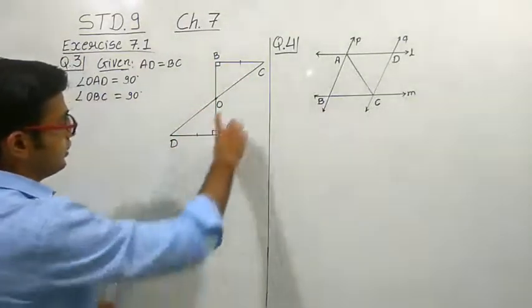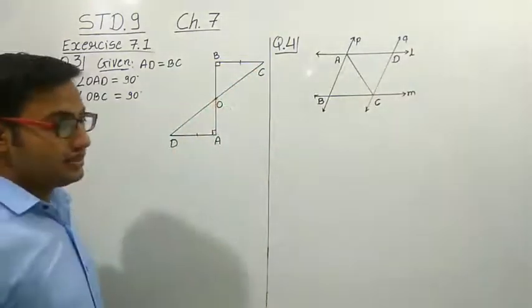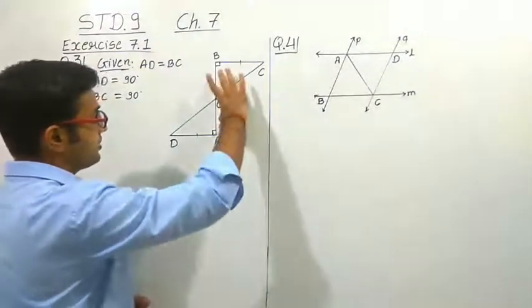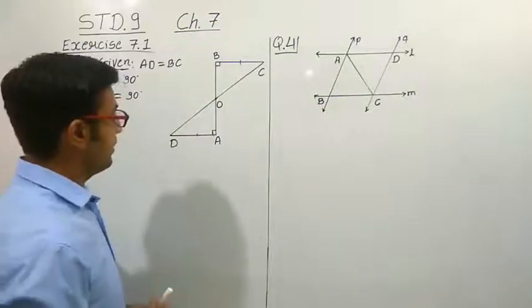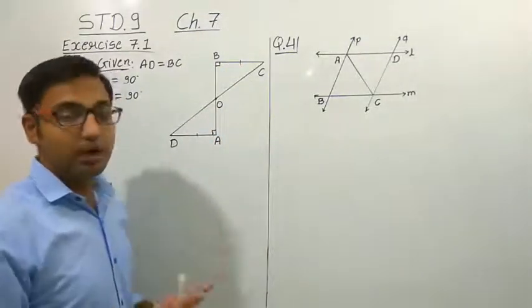Bisects means two equal parts. See, AB and CD are intersecting at a single point O. So this is the point which divides the line segment AB into two equal parts. So basically we have to prove that OA and OB are equal.